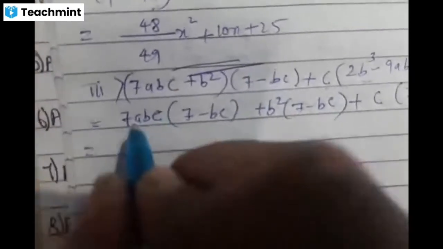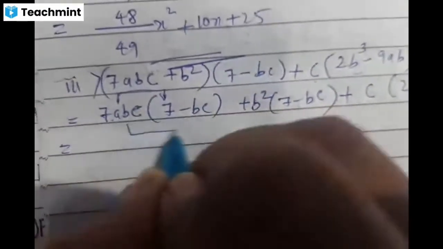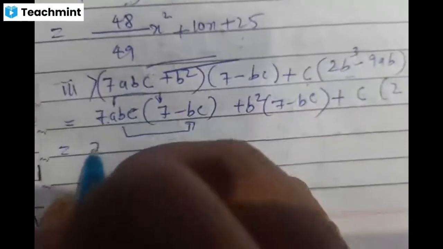Now let us multiply the first into this: a into b is ab, 7 sevens are 49abc, plus into minus is minus 7ab square c square.